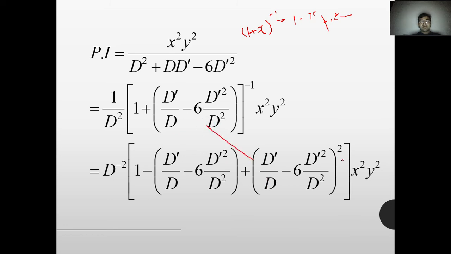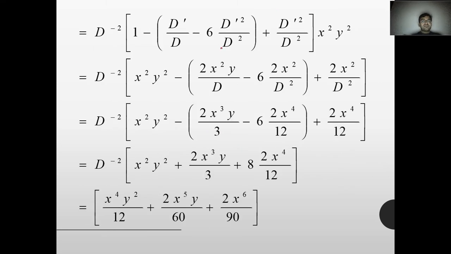So here multiply by x square into y square in the bracket, we get 1 into x square into y square is equal to x square into y square minus D dash into x square D dash of x square into y square.